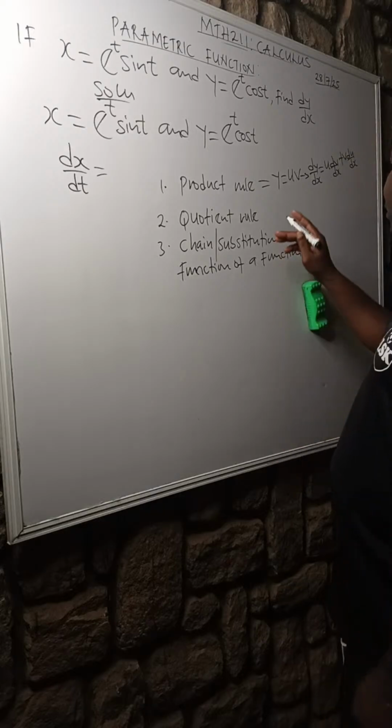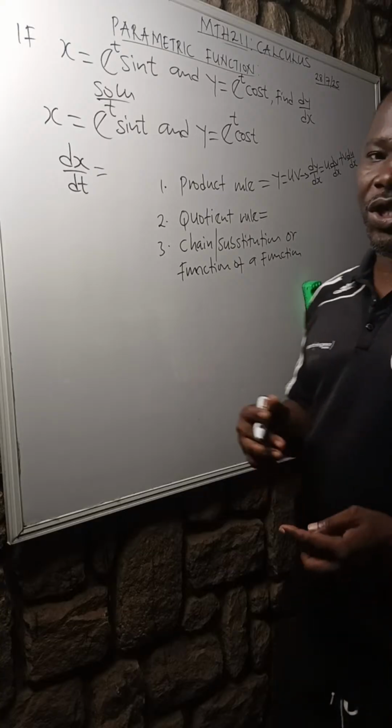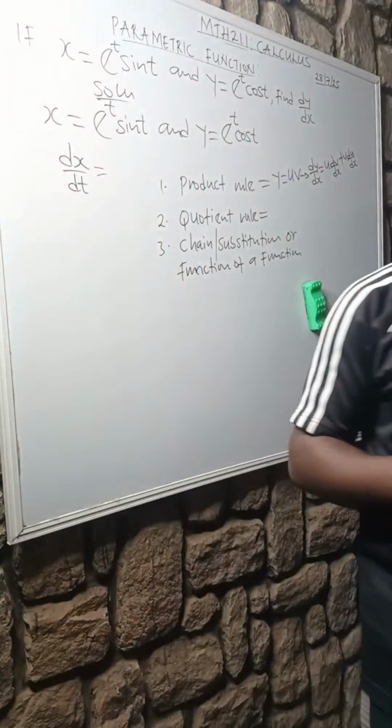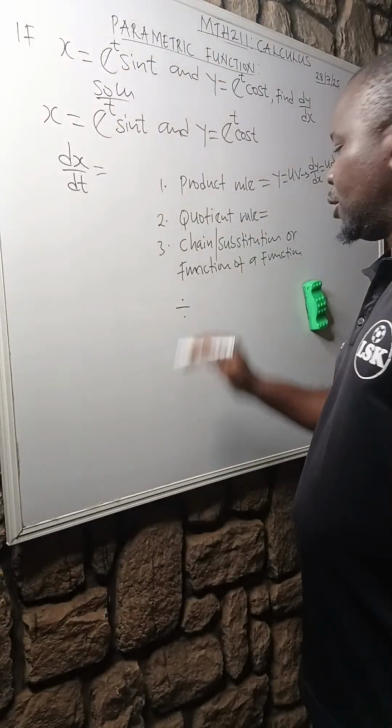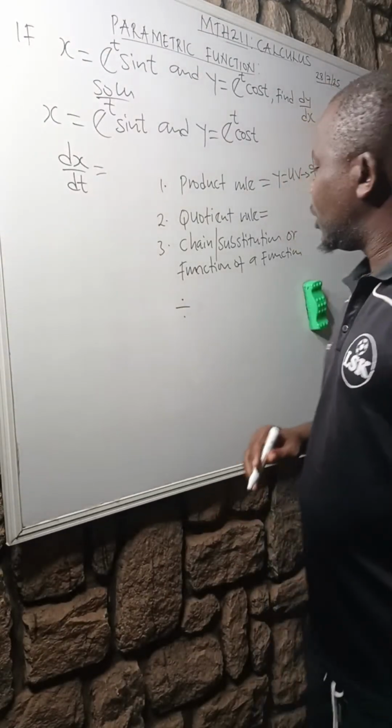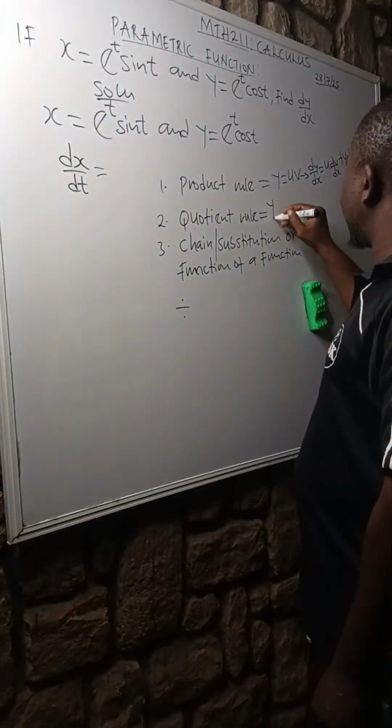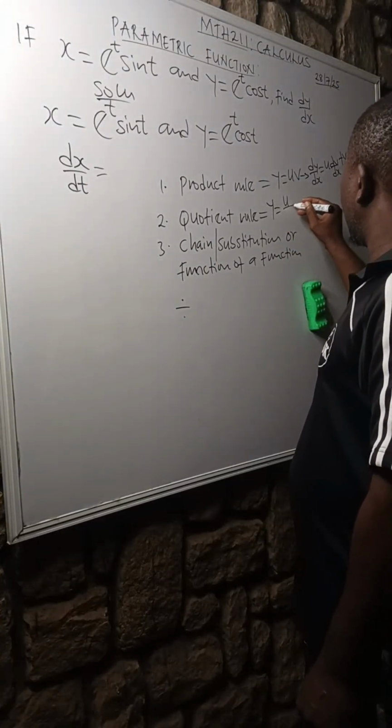Then the quotient rule. When we say quotient in mathematics, hope you are following. Any question? Quotient means division. Take note. So it is always in this form, u over v.